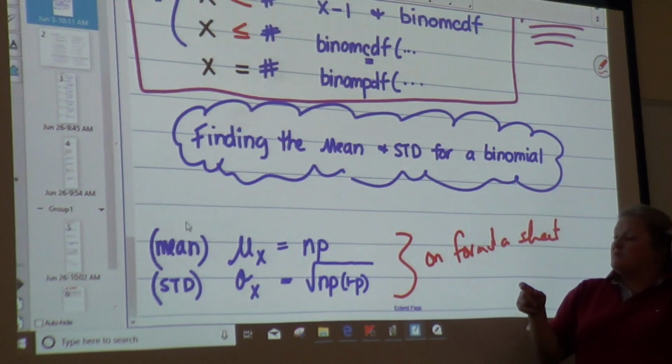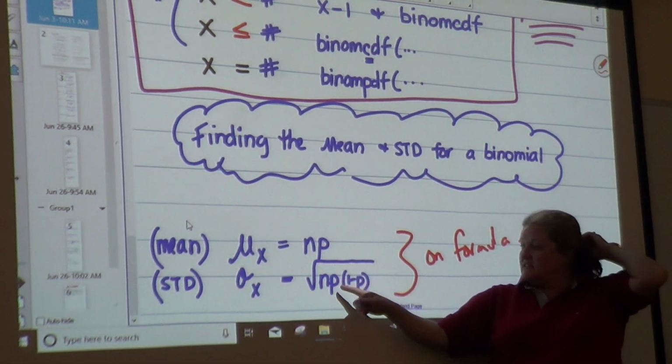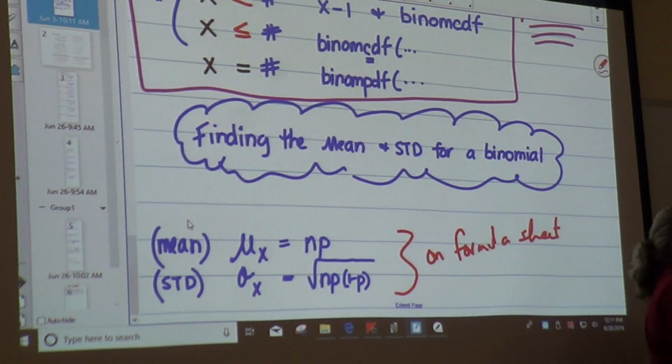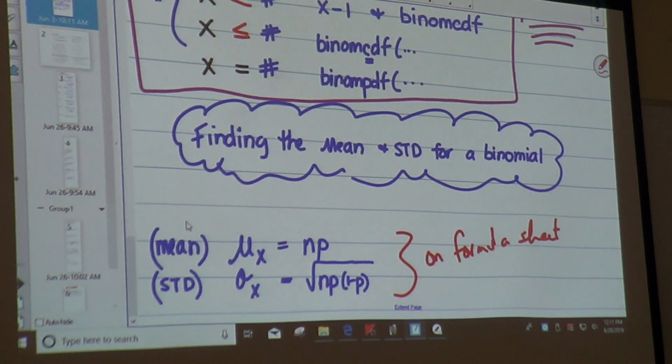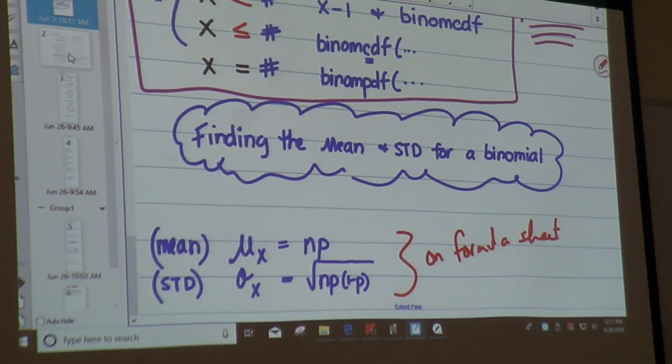The mean is sample size times the successes, and the standard deviation is sample size times success times failures, and then take the square root of it. I promise these are not as bad as they look. You just have to know what to use.